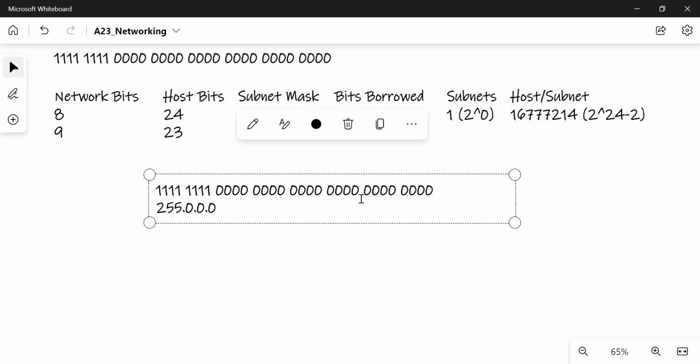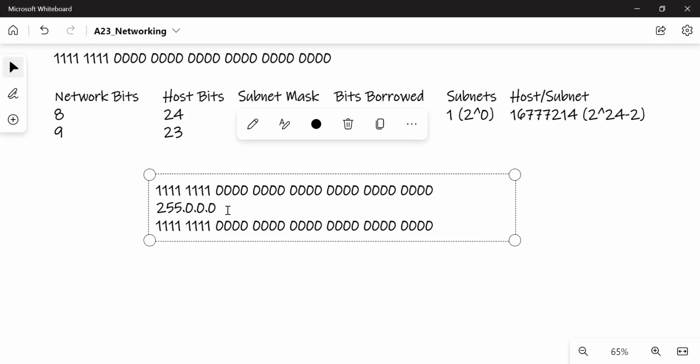Now what has happened? We are taking 1 from host bits to here and making it a network bit. So this becomes 1. My question was, now what is the subnet mask?